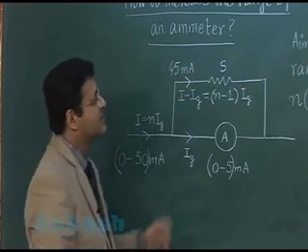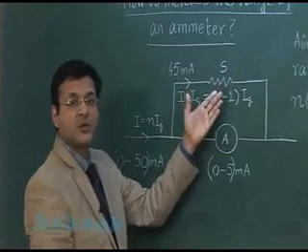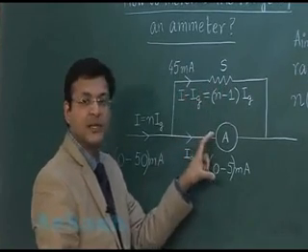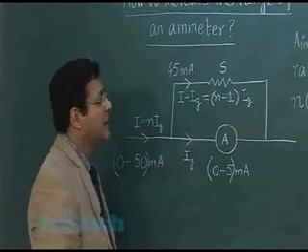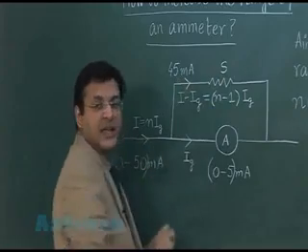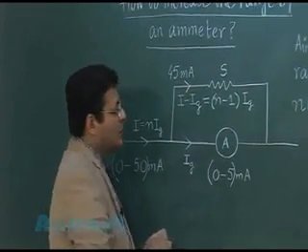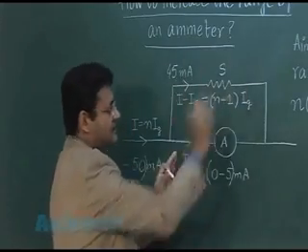Generally questions में हम ये पूछते हैं कि what small value of resistance you should connect in parallel to the ammeter so that it can increase the range. You understand? Now you see here, this circuit and this circuit, they are in parallel. So whatever will be the potential drop here, same potential drop will be here.